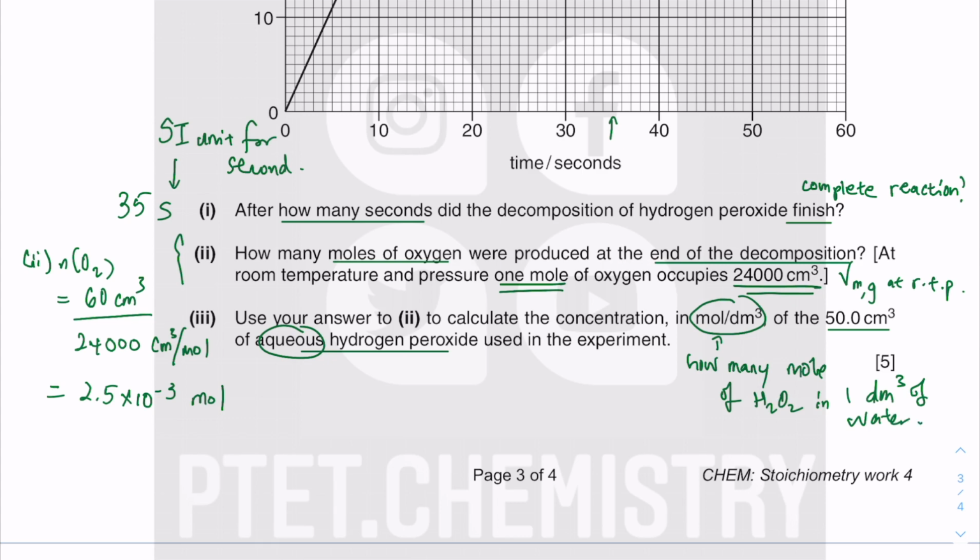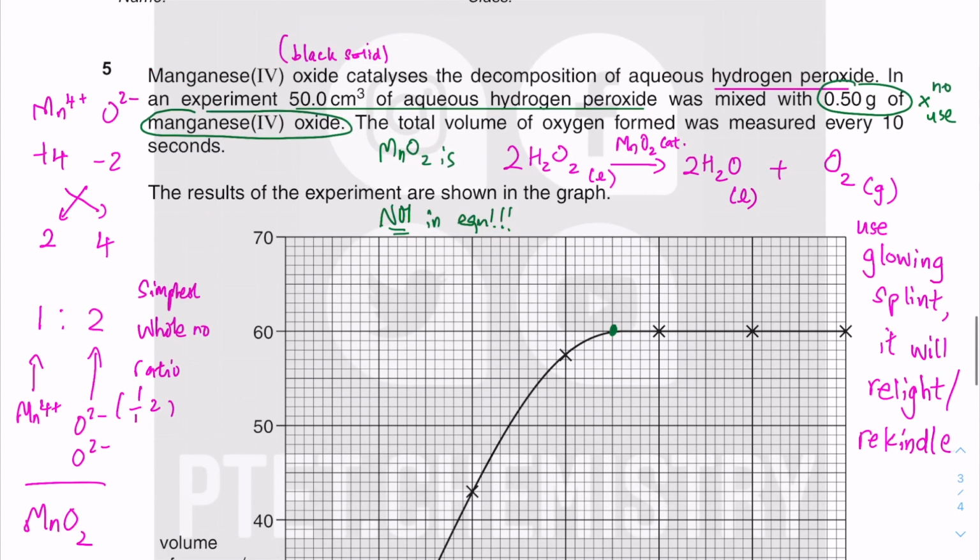So from our equation, you can hopefully see, the oxygen is 1 mole. So 1 mole of oxygen comes from 2 mole of H2O2. So you want the concentration of H2O2. You have the volume, you have the mole, you want the concentration of H2O2.